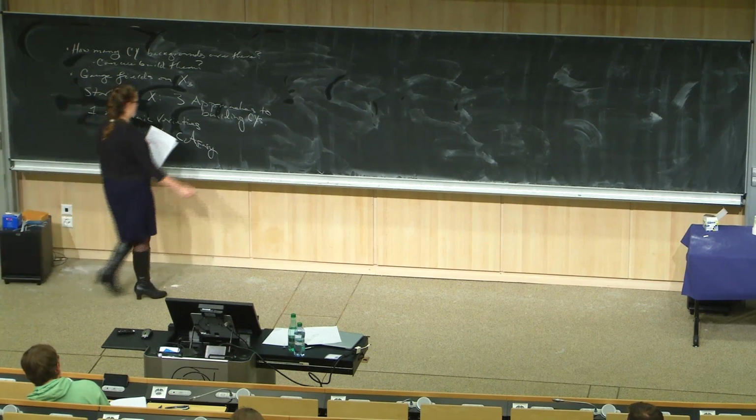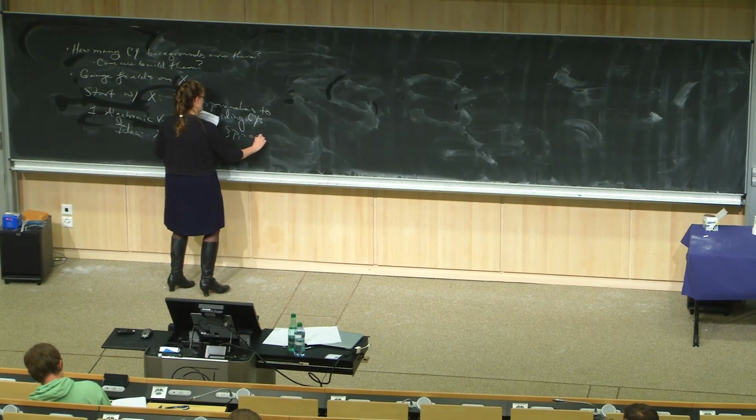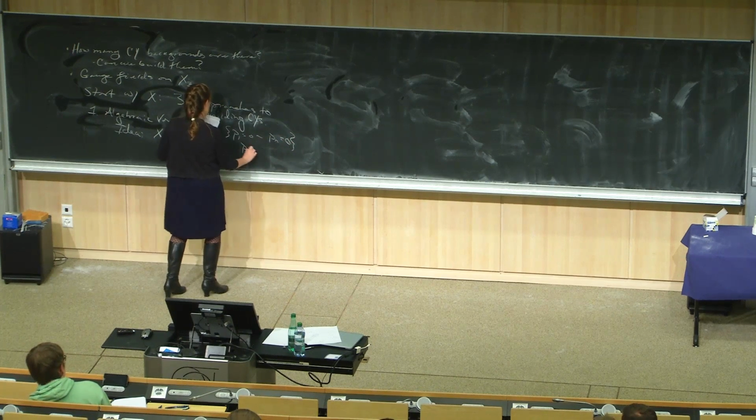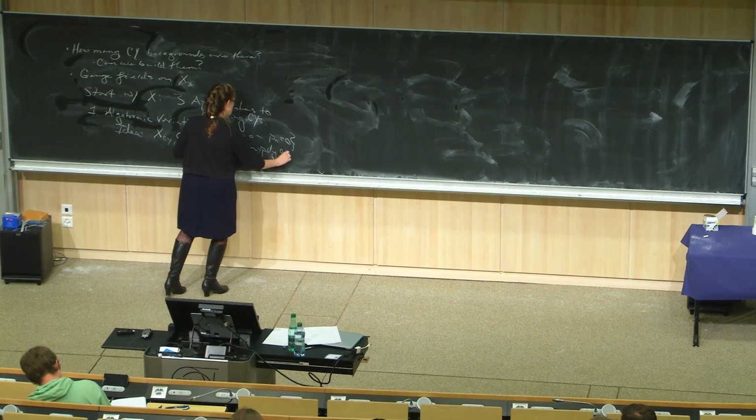So this will look like a solution to a set of polynomial equations, P1 up through Pn, which are polynomial. Pi will be polynomial in the coordinates of A.